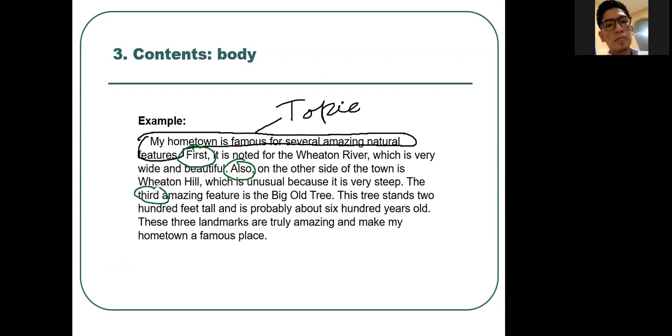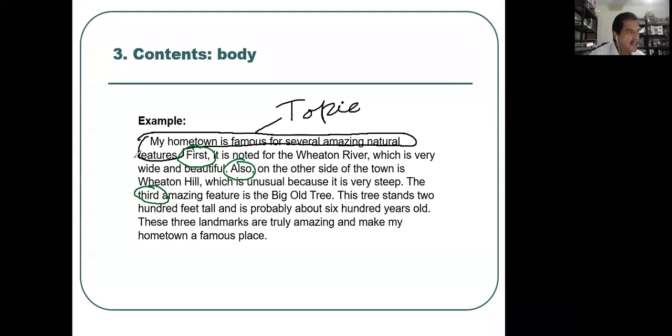The third amazing feature is a big old tree. This tree stands 200 feet tall and is probably about 600 years old.